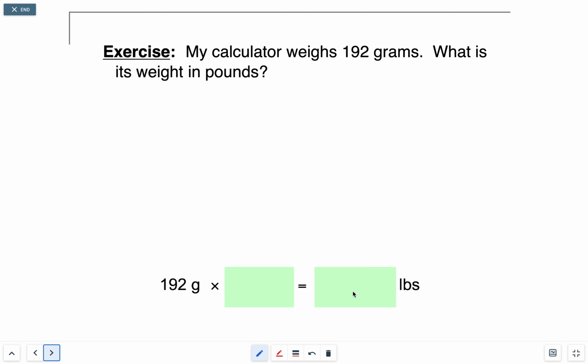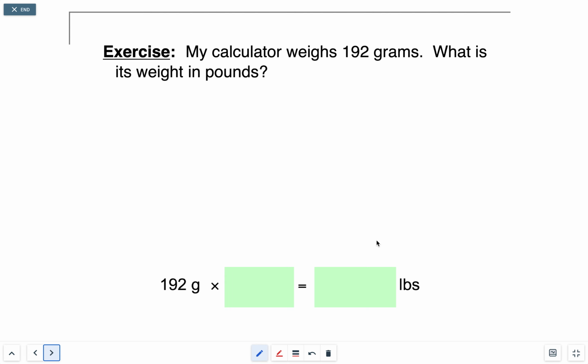It's some value here, you don't know what it is, in pounds. LBS is the symbol for pounds.